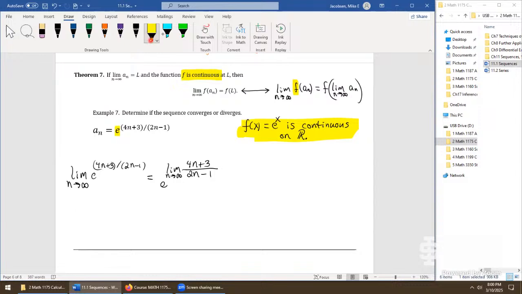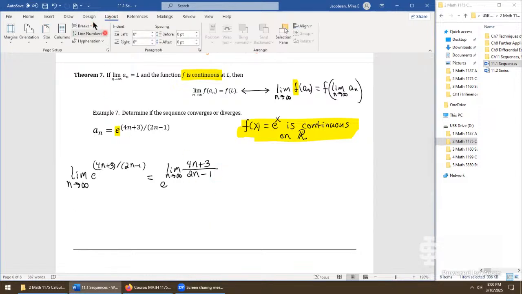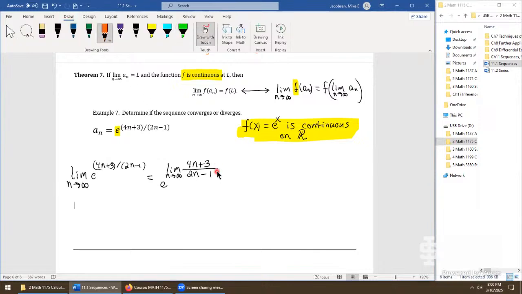And now as we look at that limit, this is a rational function. We have a tie in the degree. What I mean by that is the highest degree term in the numerator is degree 1 from 4n, degree 1 for 2n in the denominator as well, so that's the tie.